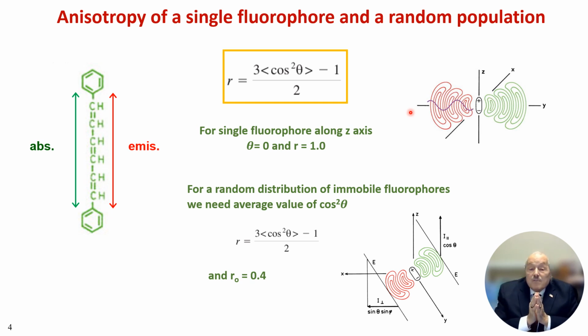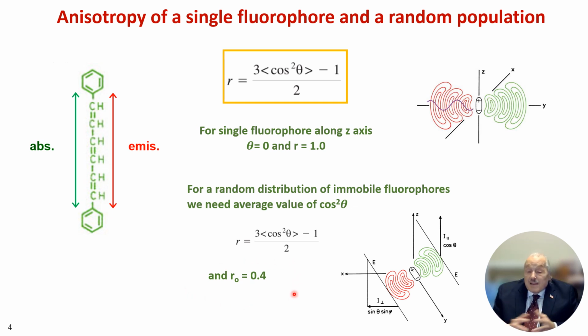Or conversely, if you can orient your sample in such a way that all the fluorophores are pointing in the same direction, you'll be able to find an anisotropy of 1. But when you do this calculation over a random distribution of immobile, and I stress that at the moment, immobile fluorophores, we wind up with a maximum value of 0.4.